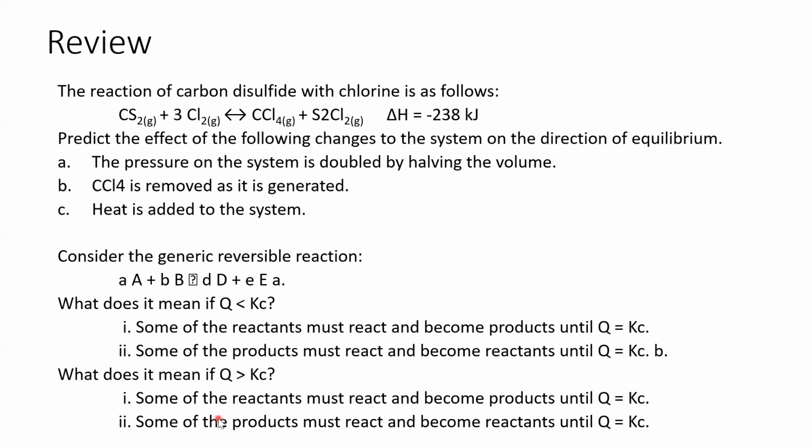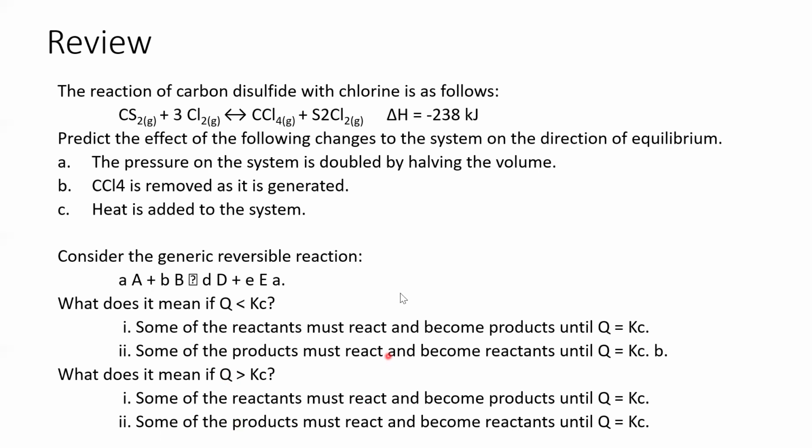One or two? Two, agreed. If Q is too big, we want to decrease Q, which means that we want to decrease product and we want to increase reactant. Q would eventually equal K, and the system would reestablish equilibrium.